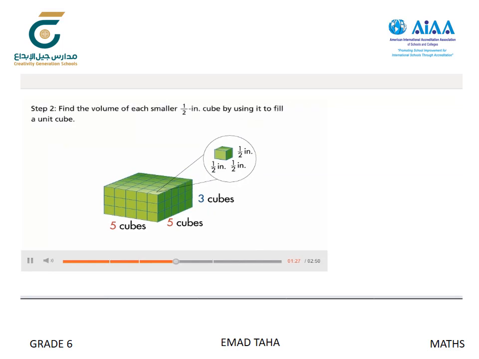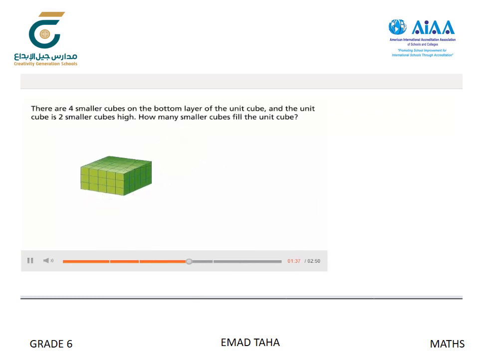Step 2. Find the volume of each smaller 1/2-inch cube by using it to fill a unit cube. There are 4 smaller cubes on the bottom layer of the unit cube, and the unit cube is 2 smaller cubes high.